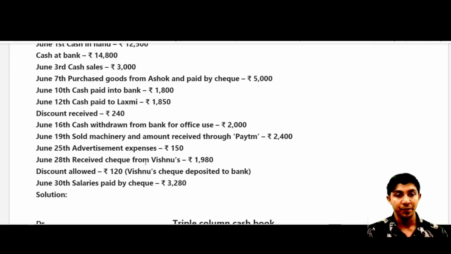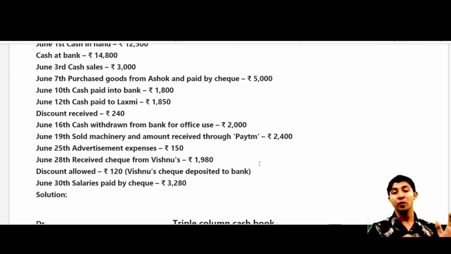Received a check from Vishnu 1980. Discount allowed 120. Vishnu's check deposited into bank. It is clearly telling that we have deposited the check on the same date. So check is received, तो check आया तो हमारे बिजनेस में पैसे आते हैं बैंक अकाउंट में.